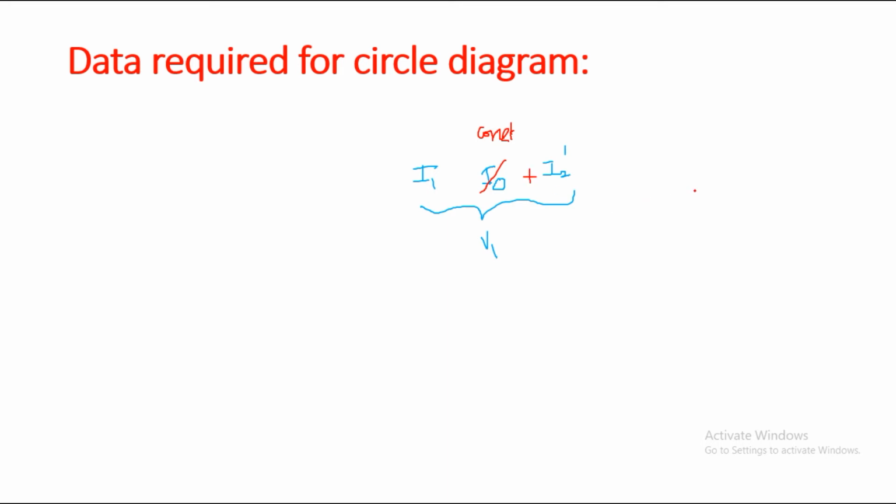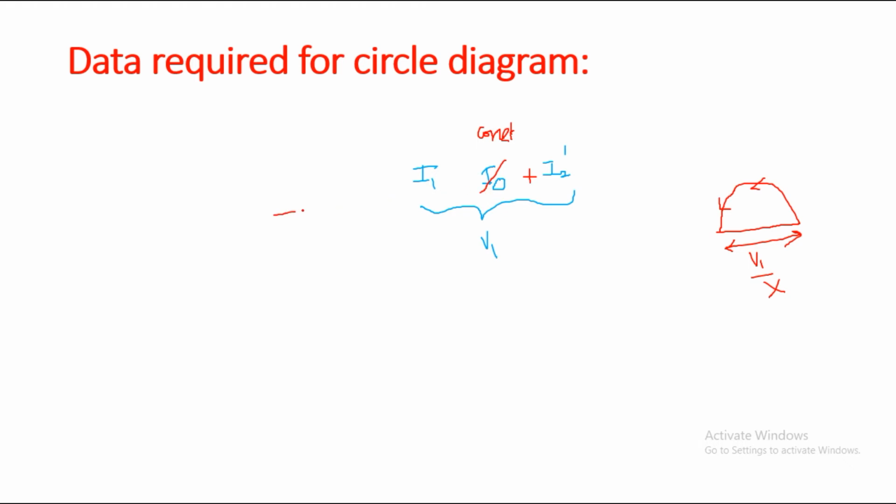So if there is any change on the load, we can have a locus diagram for I2 dash. It is going to have a circular path with a diameter of supply voltage V1 by total reactance X, and the same effect is going to reflect in I1 along with I0.